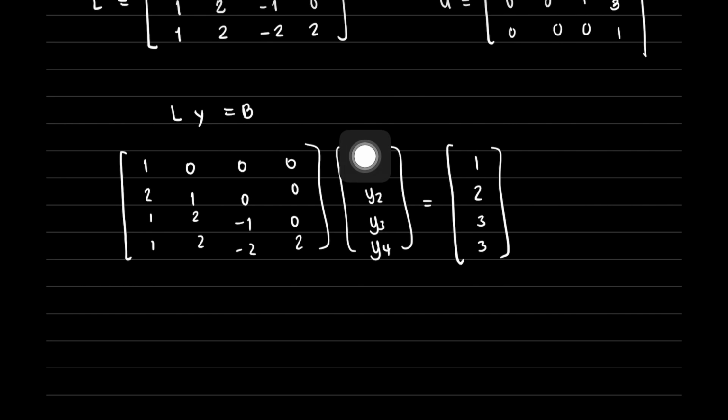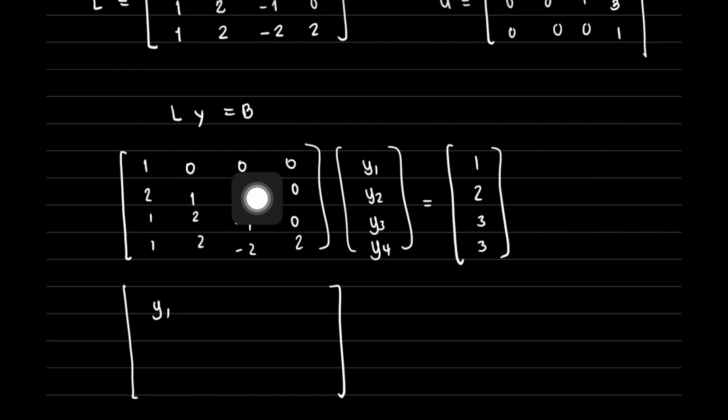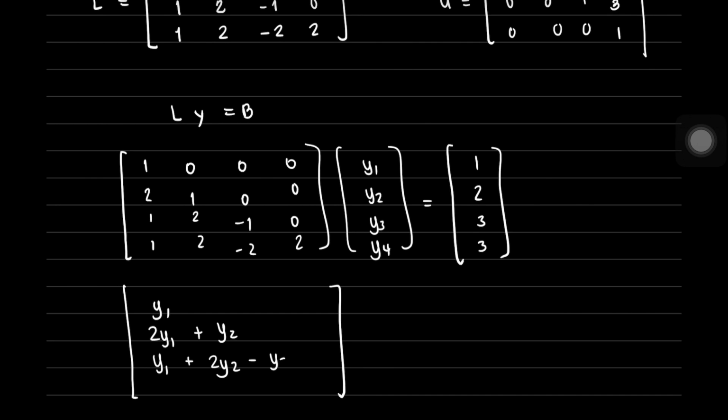this row multiplied by this vector, so we have y1. This row multiplied by this vector, so we have 2y1 plus y2. This row multiplied by this vector, we have y1 plus 2y2 minus y3.